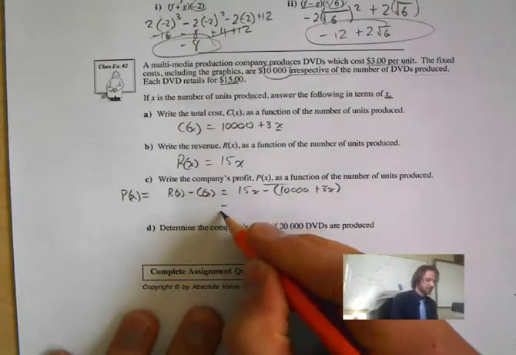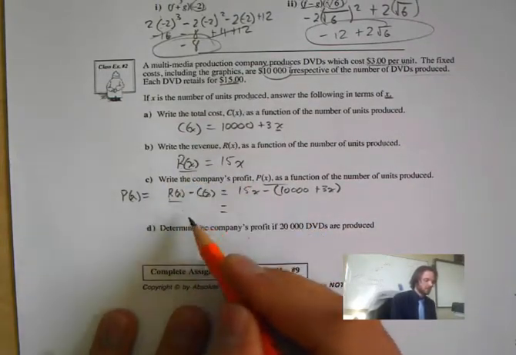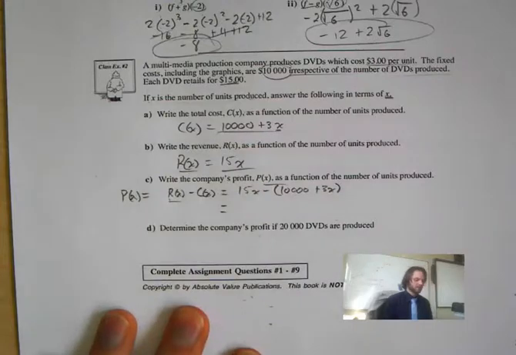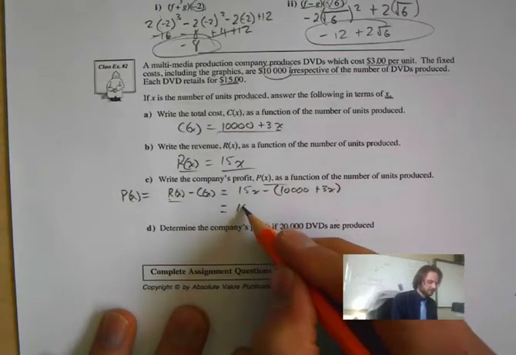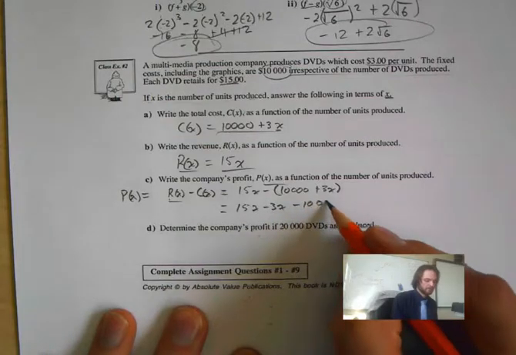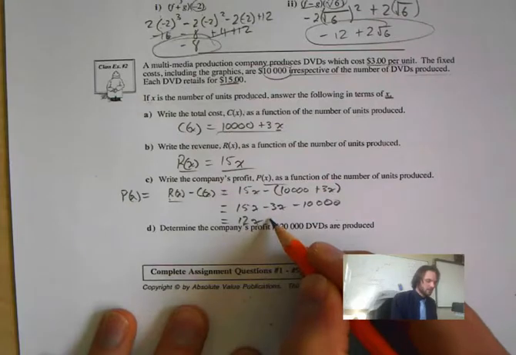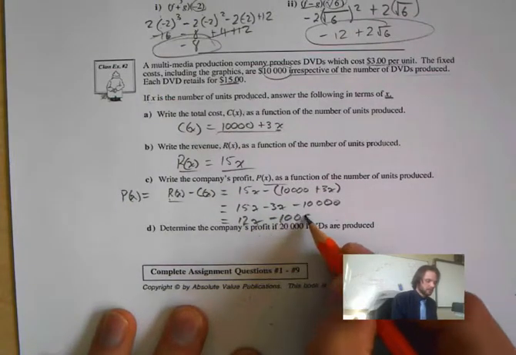Okay? So it's a subtraction. This equation, which is R of x, subtract that one. So we end up getting minus 3x minus 10,000, which gives us 12x minus 10,000.